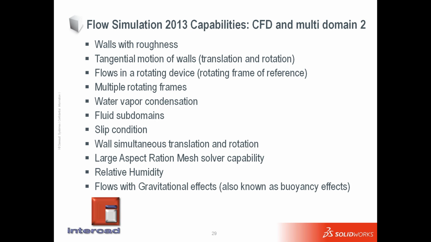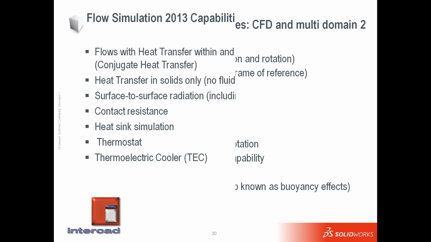In a CFD region, again, we can consider wall thickness and roughness. We can have multiple rotating frames, water vapor condensation, and slip conditions can also be inserted. Relative humidity can be considered in any study, and gravitational effects can also be considered in any CFD.